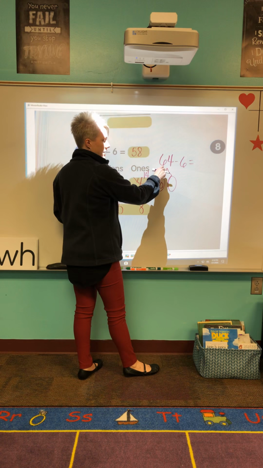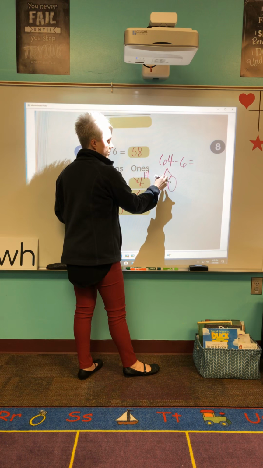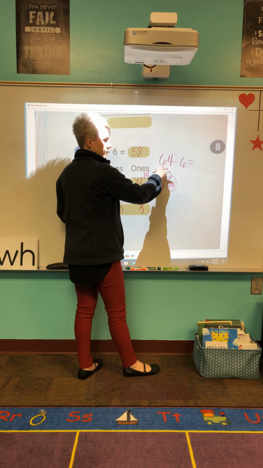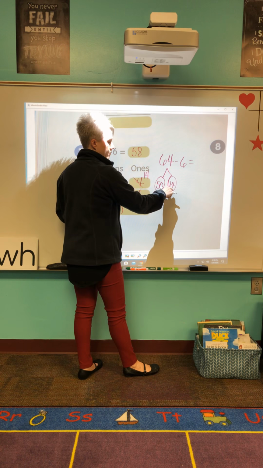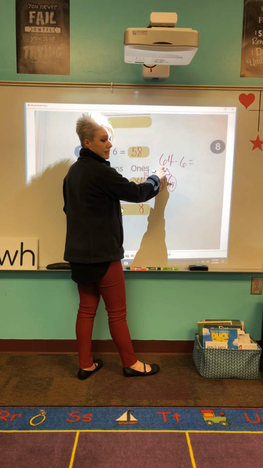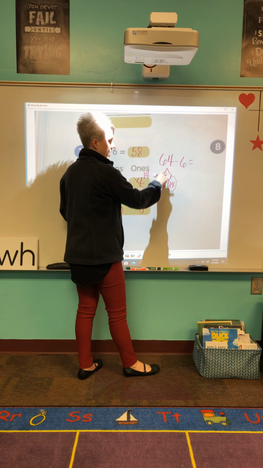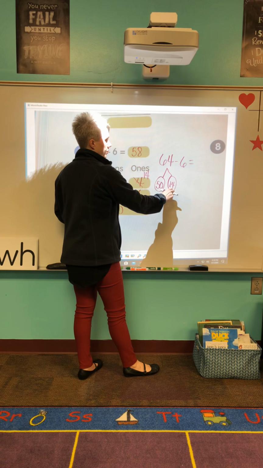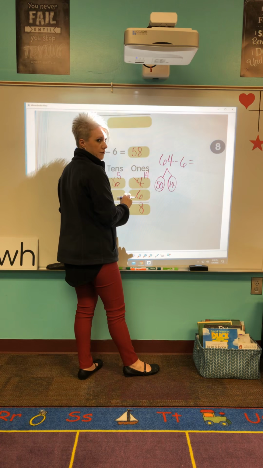I'm going to take the 10 that I borrowed to make that 14 and add it to my 4. So I took a 10 away from the 6 and added it to my 4 and gave me 14. When I took that 10 away, that 60 became a 50. So I created a number bond. 50 plus 14 is 64.